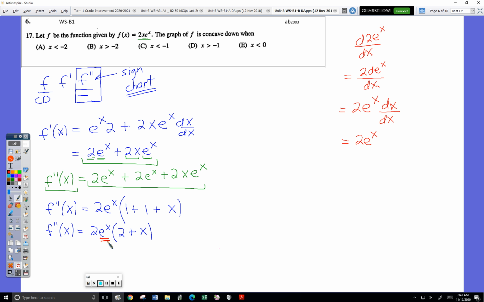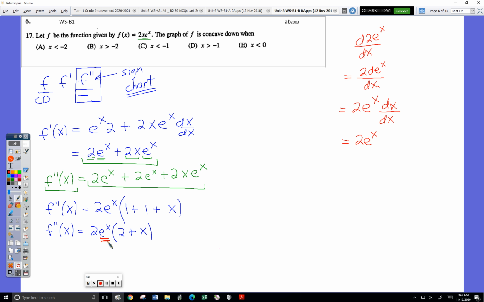But e is about 2.7. So are you comfortable that 2.7 cubed is positive? Yeah, 1 over positive is still positive. So it doesn't matter which number I plug in, positive or negative, the result's going to be positive. Feel good about that? The only other possibility is this. Is that okay? Good point.